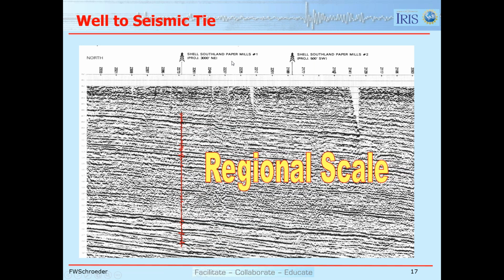That brings up an important point. If you are proposing to drill a well and you only have 2D seismic data, it is very wise to position the well along one of your seismic lines, as opposed to a position where you're going to have to project a long way back to the seismic.